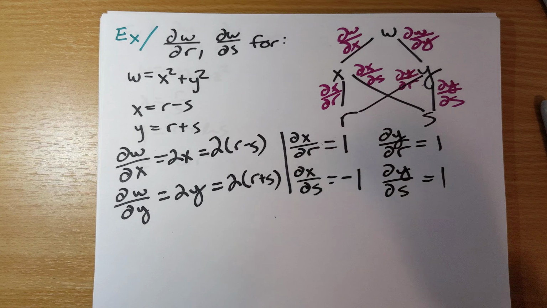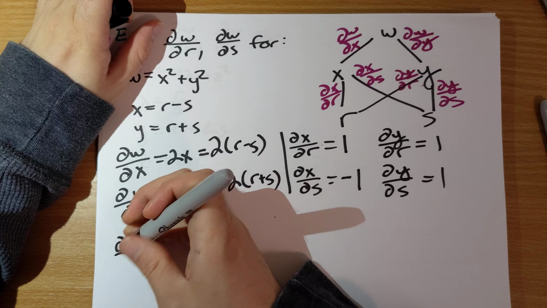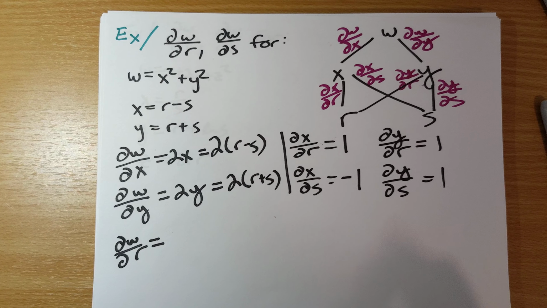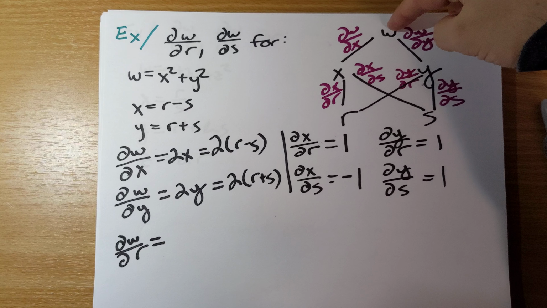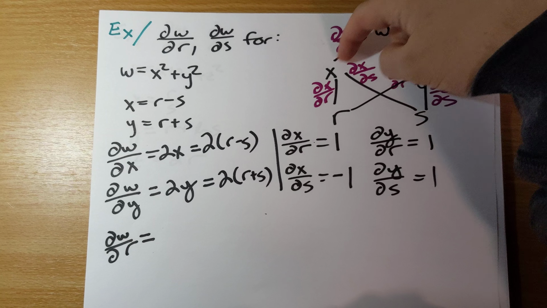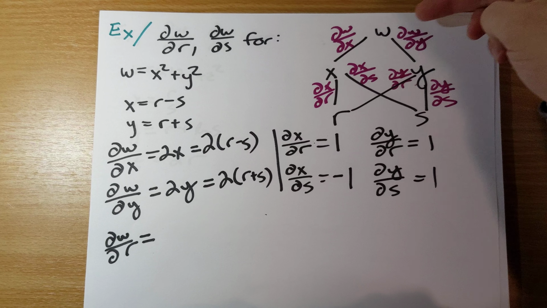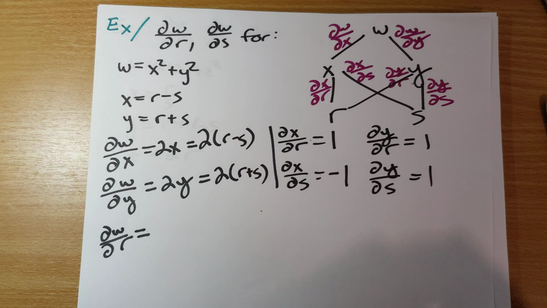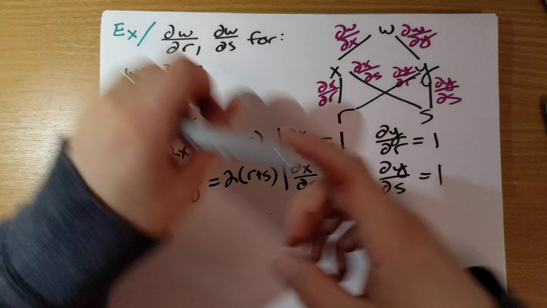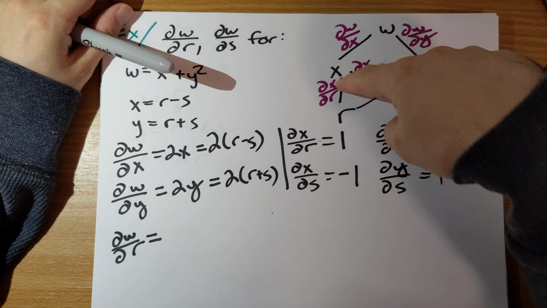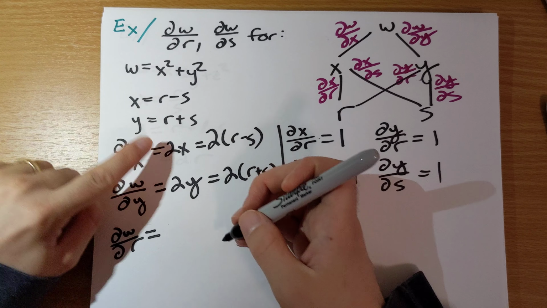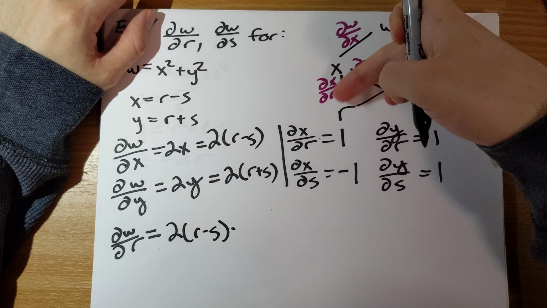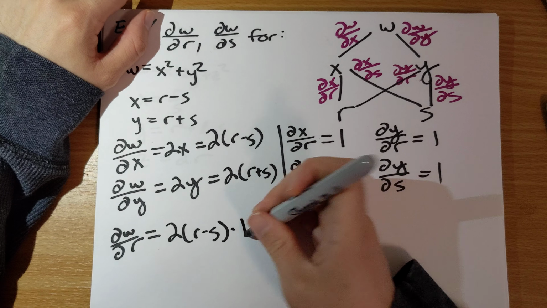Okay, so now if we want partial w, partial r, how many ways are there to go from w to r? We can go 2 ways. We can go w to x to r, or we can go w to y to r. So the first way has partial w, partial x, which is 2 times r minus s, times partial x, partial r, which is 1.